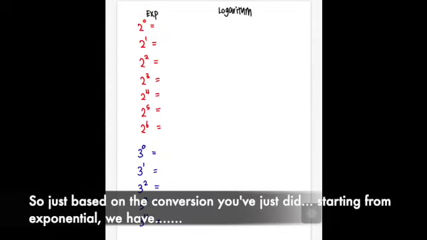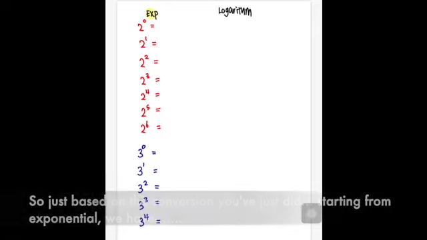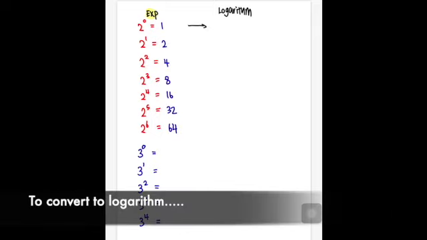Based on the conversion between exponential and logarithm that you have just done, starting from exponential, I want to convert this to logarithm. It's the same as log base 2 of 1 equals 0. This is log base 2 of 2 equals 1. Log base 2 of 4 equals 2. Log base 2 of 8 equals 3, and so on and so forth.